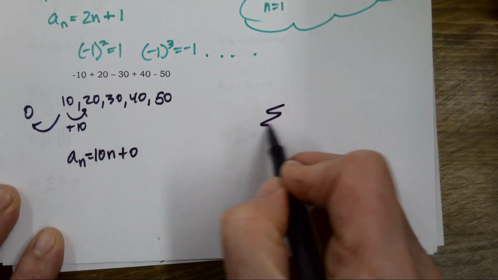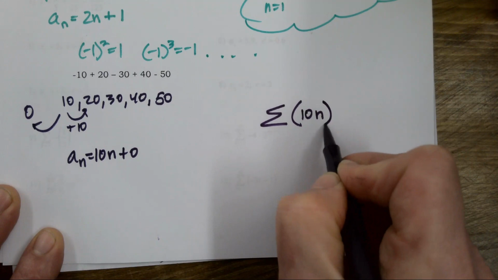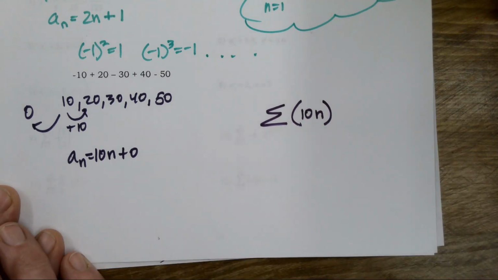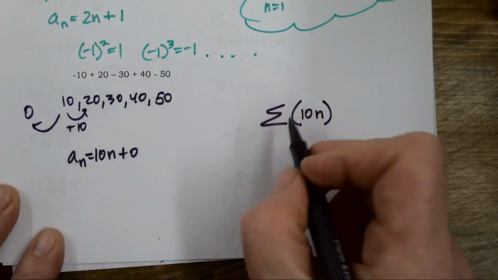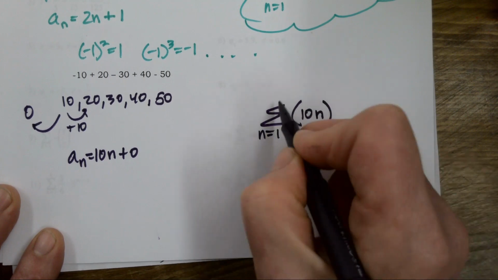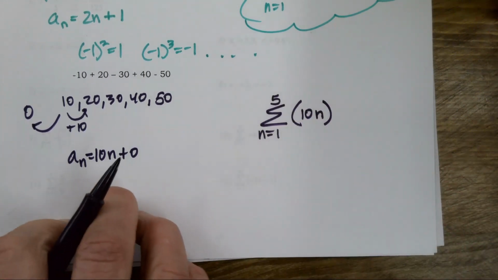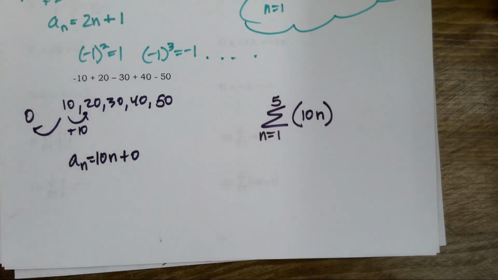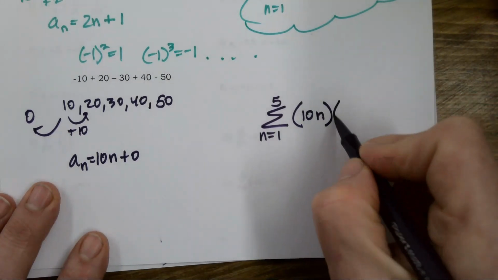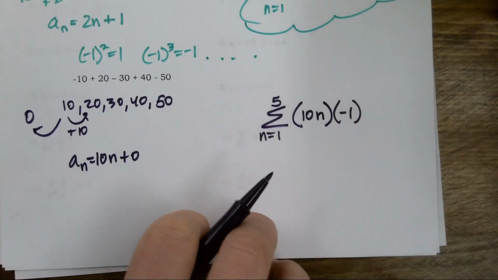So when I set up my series, I'll put 10n. Because I am treating it as a sequence, I'll start at 1 and I'll end at 5. And if I were to generate this right now, I would get 10 plus 20 plus 30 plus 40 plus 50, if I were to expand it out. But I want to have some alternating signs, so we'll introduce a -1.